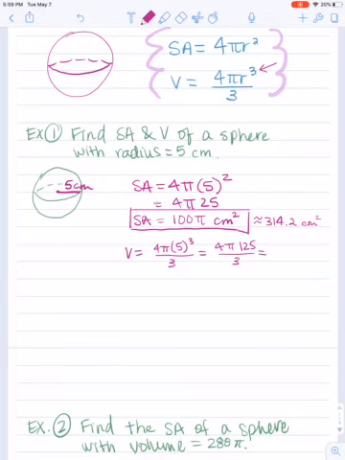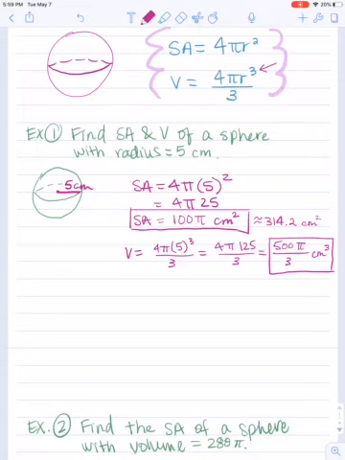And then I always like to do the numerator first, so we're going to keep breaking that down. 125 times 4 is 500 pi, and then 3 on the bottom. So since 3 does not divide nicely into 500, I would simply leave it as this wonderful fraction, centimeters cubed, because it's volume. And there you go. That's your answer.